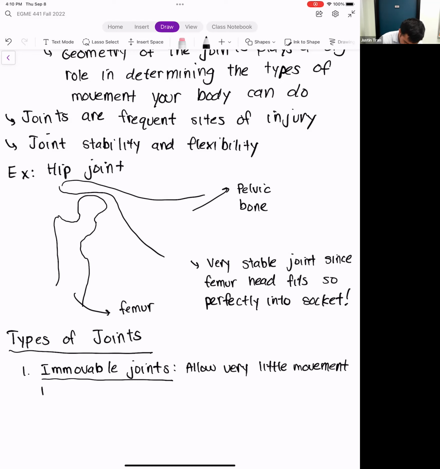And oftentimes they're covered in a very fibrous structure, very fibrous cartilage that helps keep it in place.